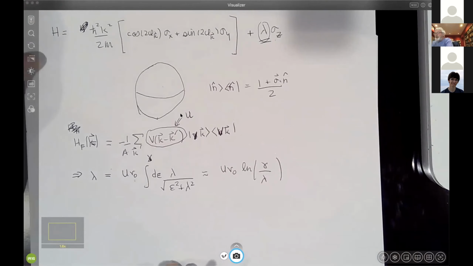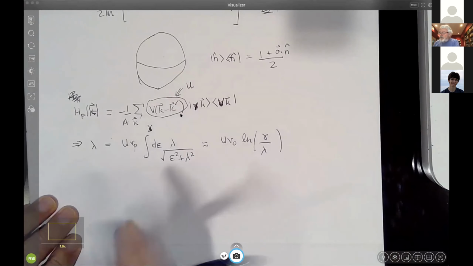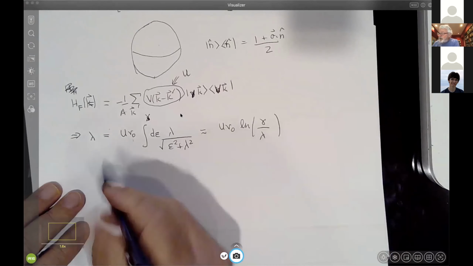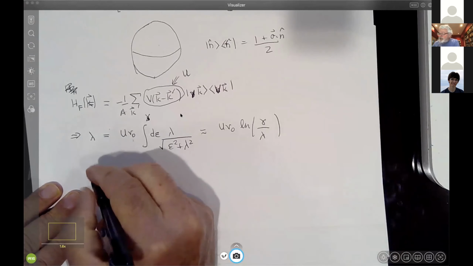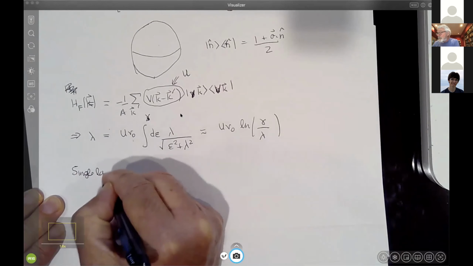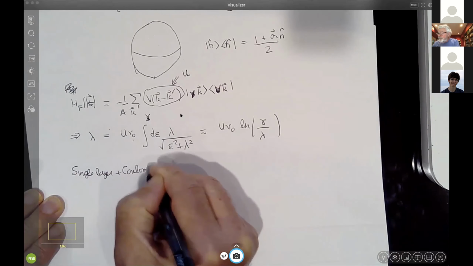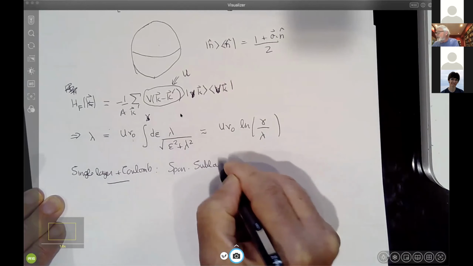And so far I've ignored interactions... something similar happens in single layer graphene, in which there's spontaneous sublattice polarization if interactions are strong enough.